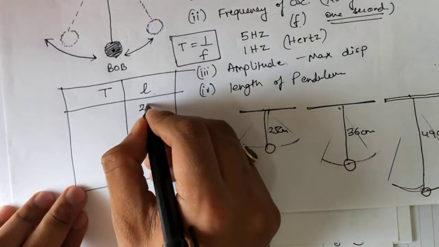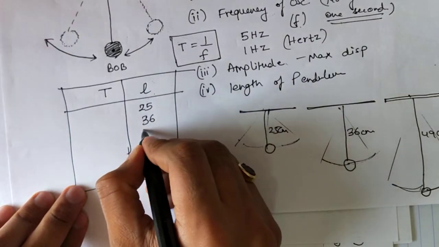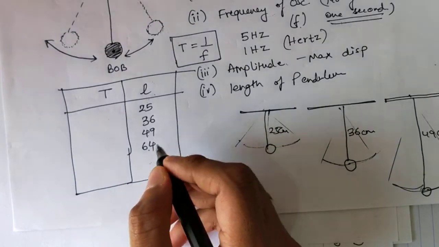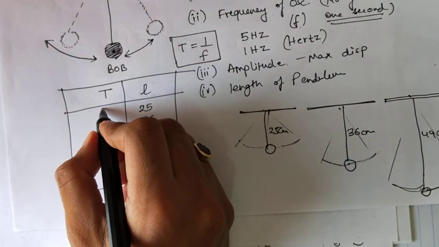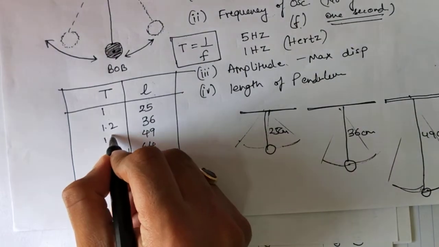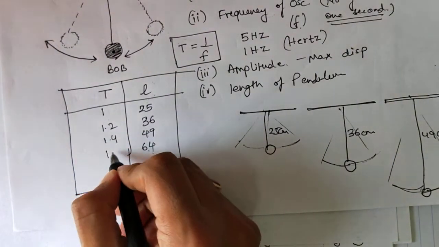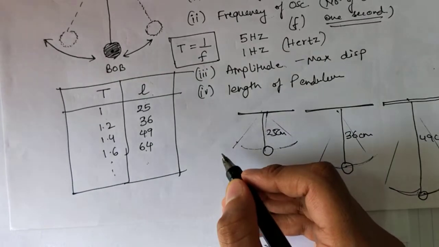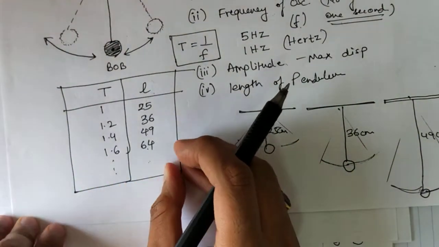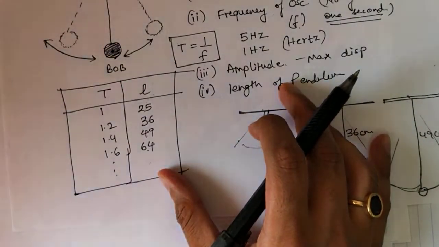The length, first they took the length as 25, then 36, then 49, 64, and so on. And the time periods which they got are 1 second, 1.2, 1.4, 1.6, and so on. So basically, you don't need to remember the values, you just need to understand the observation here.